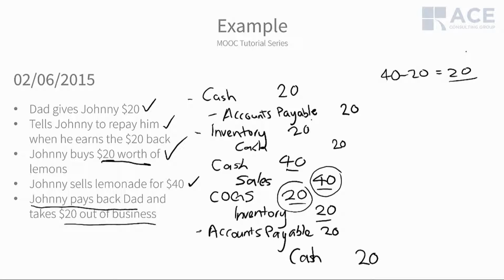So in order for Johnny to take $20 out of the business, we would have to debit retained earnings by 20 and credit cash by 20. And there we go.